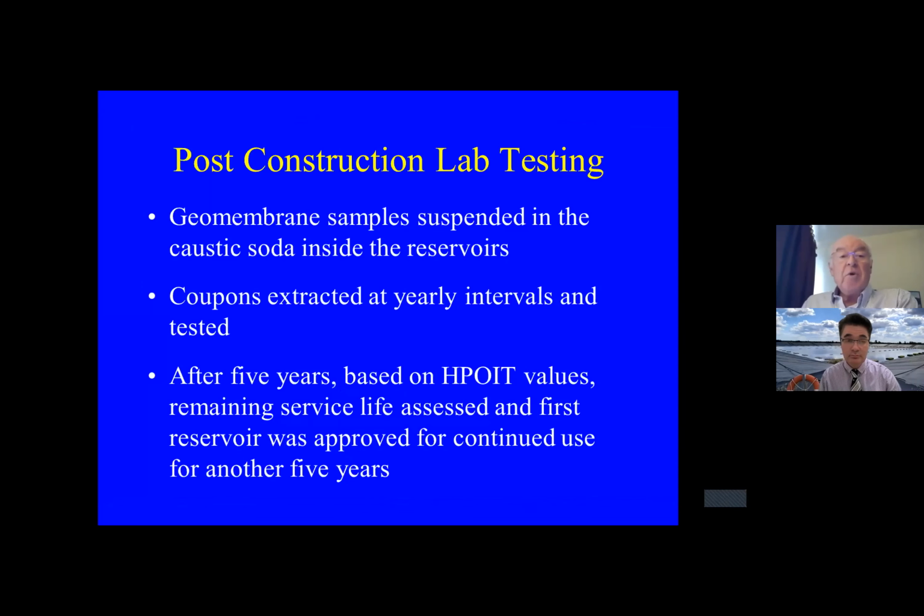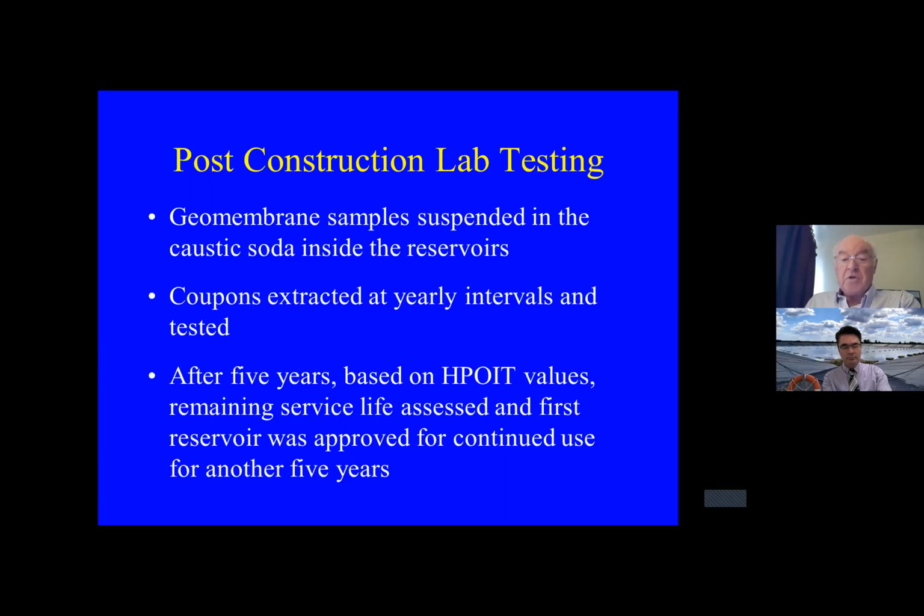Okay, now moving on to post-construction lab testing. As I said earlier, we suspended geomembrane samples in the caustic soda inside the reservoirs, and we extracted coupons at yearly intervals and tested them.